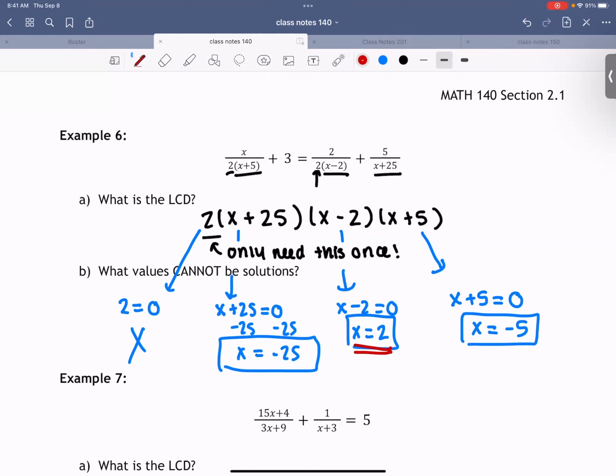Oh, yeah. Sorry, my handwriting's kind of messy. Okay. Did that answer your question? Positive 5, I could actually plug in. Yeah, I could plug in positive 5, right? Yeah, do you have another question? Okay. Any other questions on example 6?